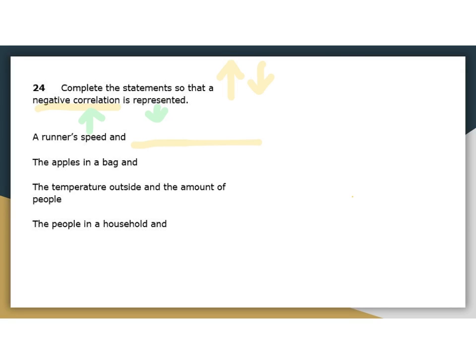And here we could say a runner's speed and time to complete a race. As this person runs faster, the time it takes to complete a race is going to decrease.